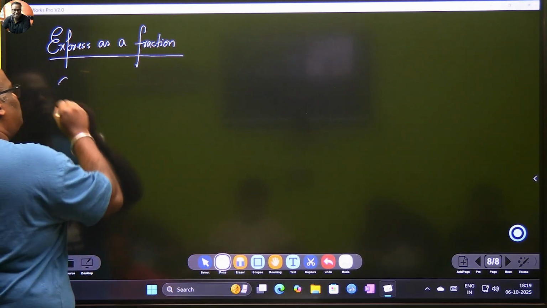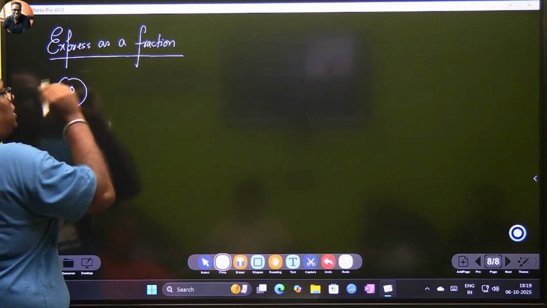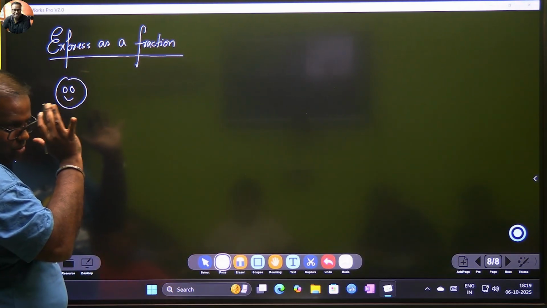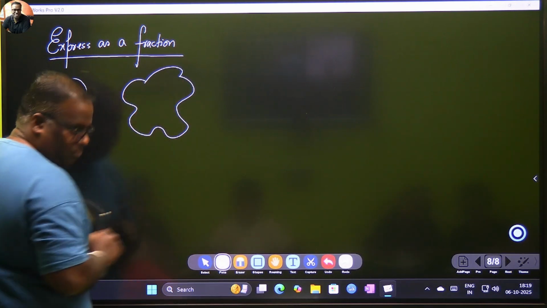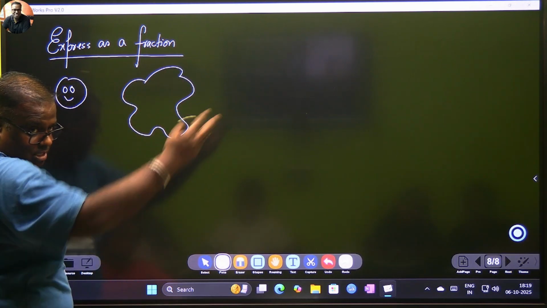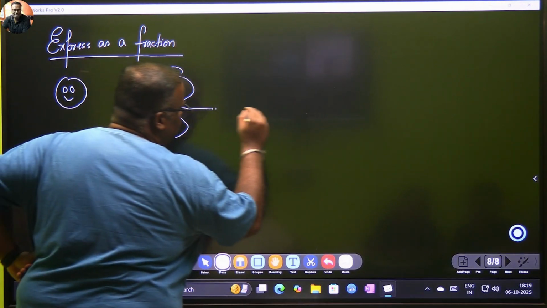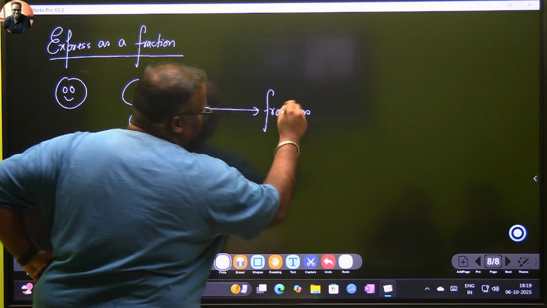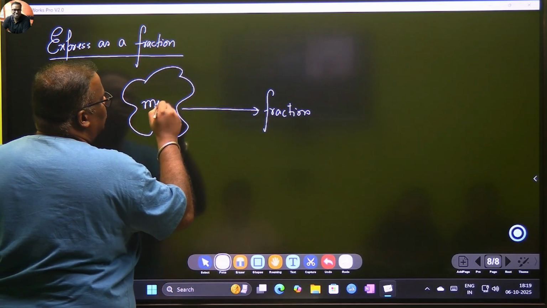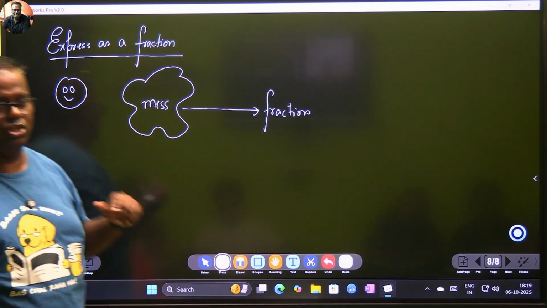Just understand. Put your English thought. Don't do the problem. Means some hodgepodge will be given to you. You have to express it as a fraction. Your answer should come as a fraction. Do you understand? Some mess will be given to you. It says express as a fraction.